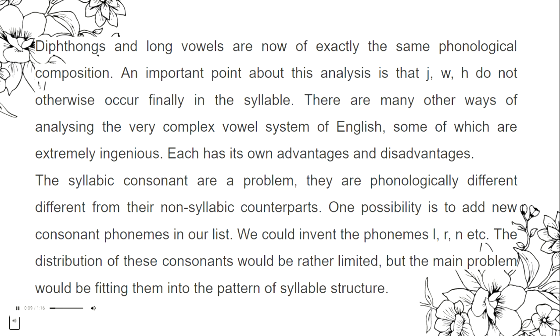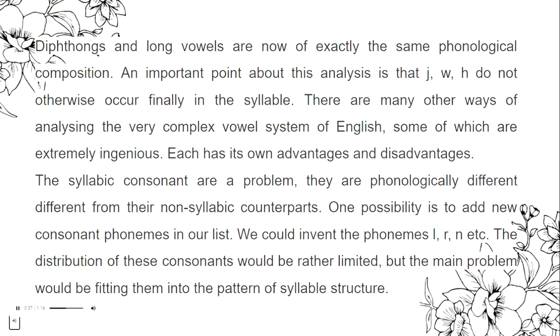An important point about this analysis is that j, w, h do not otherwise occur finally in the syllable. There are many other ways of analysing the very complex vowel system of English, some of which are extremely ingenious. Each has its own advantages and disadvantages.